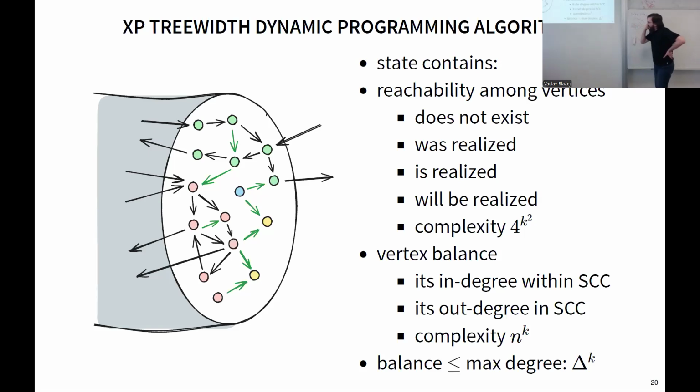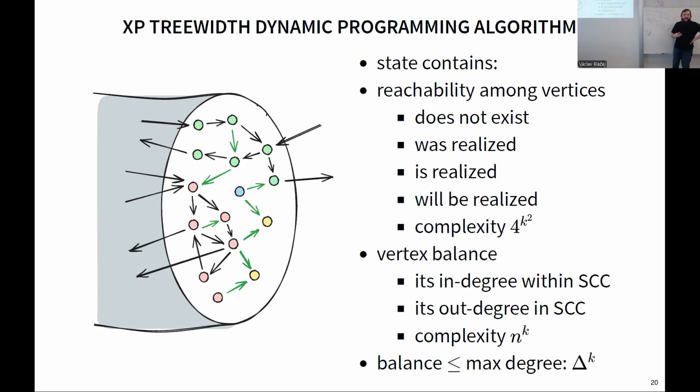So yeah, unfortunately today I will not explain treewidth. Ask me if you want, but let me just assume that. So you have the current bin that you are processing in some path, and what you kind of want is to have all the information about reachabilities among vertices in the bin.